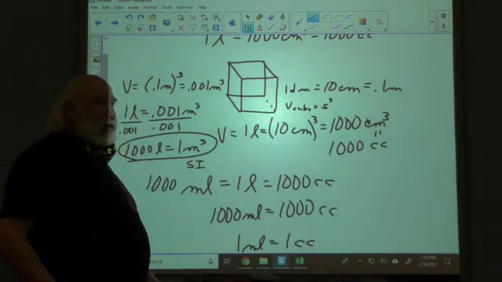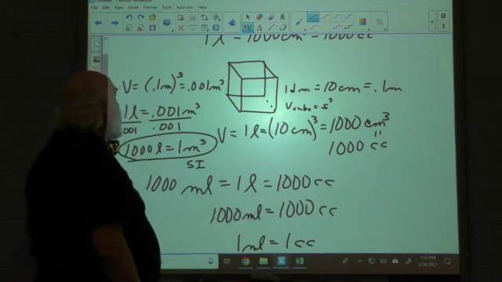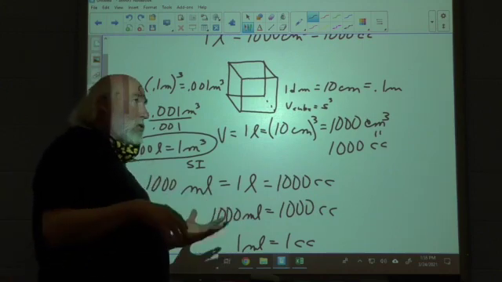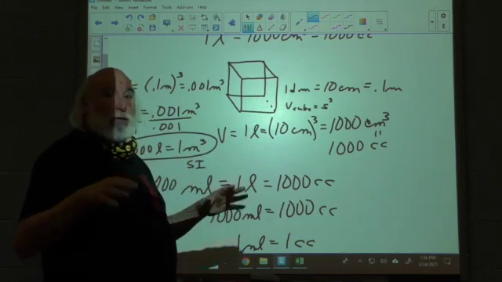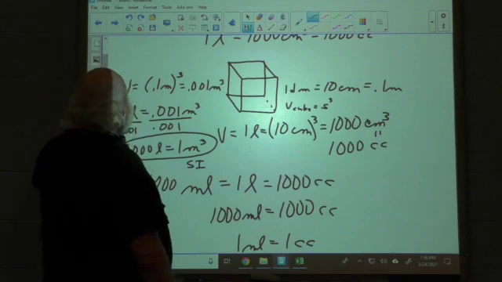So you're going to see liters and cubic meters a lot when we talk about volumes. Okay, but gallons can be used, and quarts can be used, and pints, and cups, and all that fun stuff that you enjoyed so much back then.